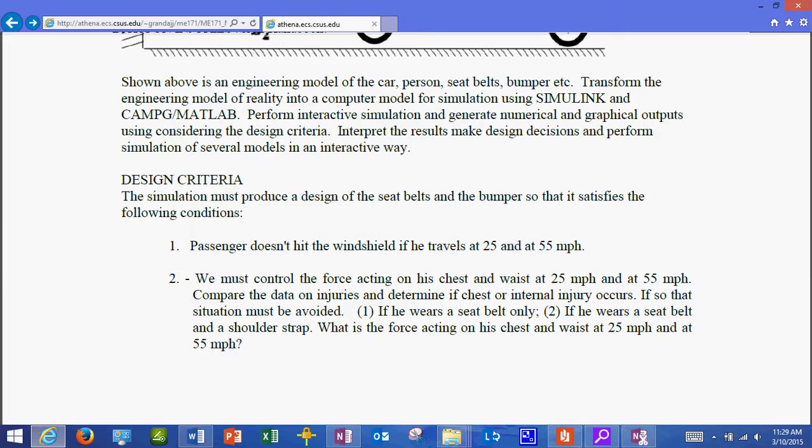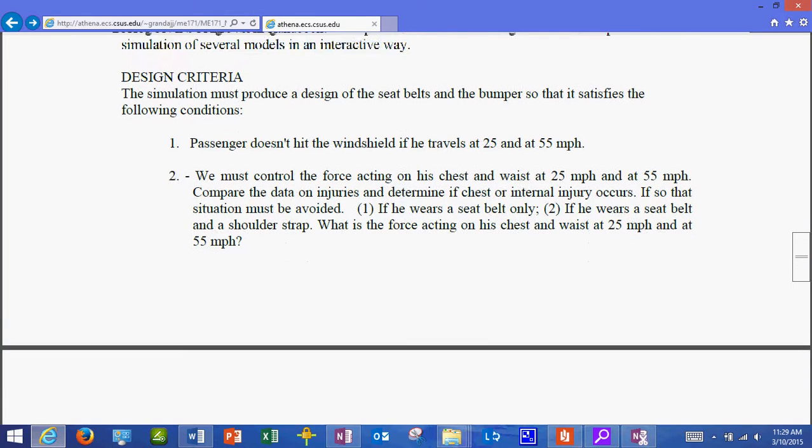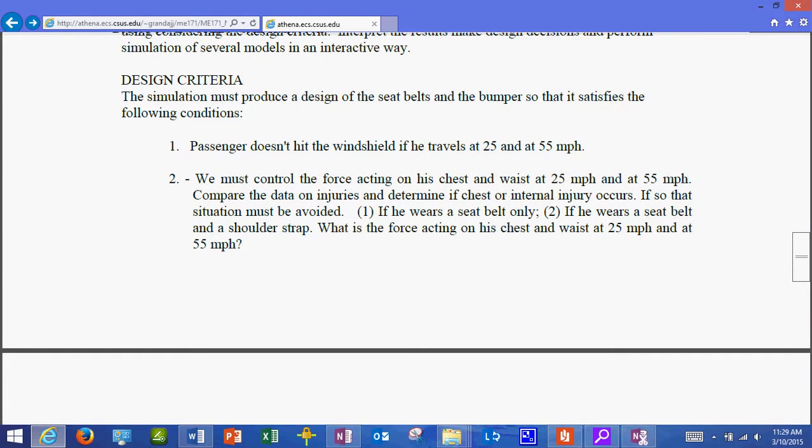We need to transform it into a computer model of this real car. We're going to do the computer model for doing simulation. What do we want to do? We want to make sure of the design criteria, or you may say the constraints on your design.